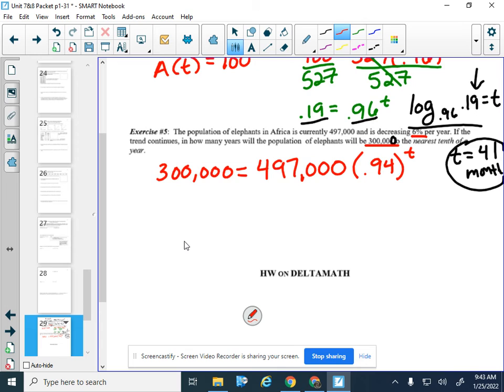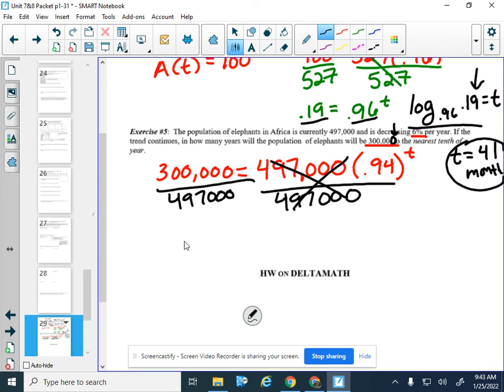So in this problem, I kind of skipped writing out the function and went right to the equation. So from here, we would divide by 497,000. Once again, remember I added this zero. That was a typo in the lesson. And that's going to give me approximately 0.60, which is equal to 0.94 to the t.